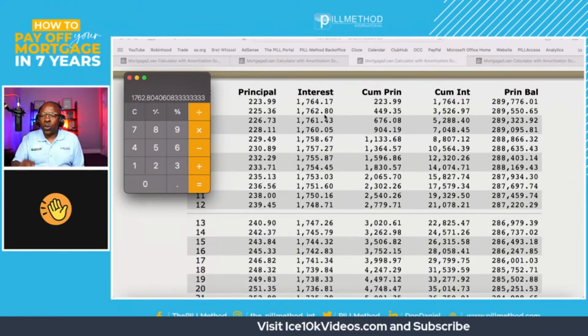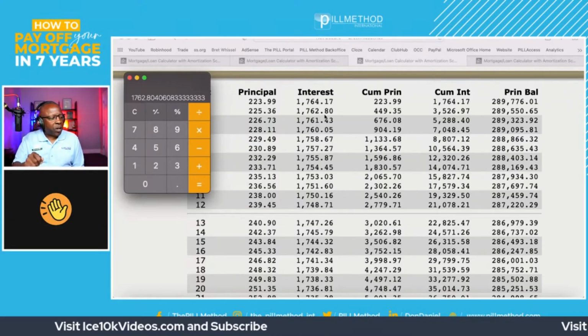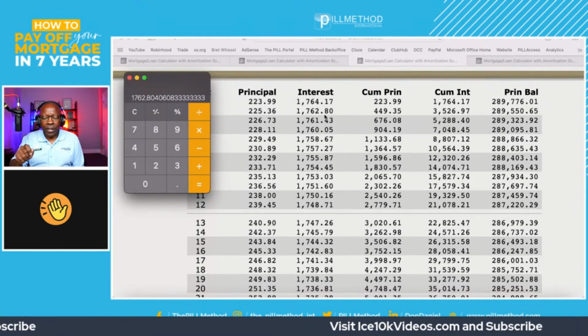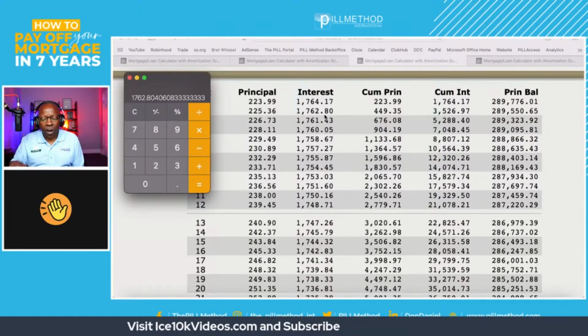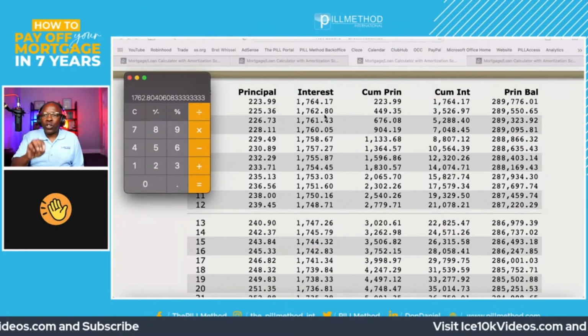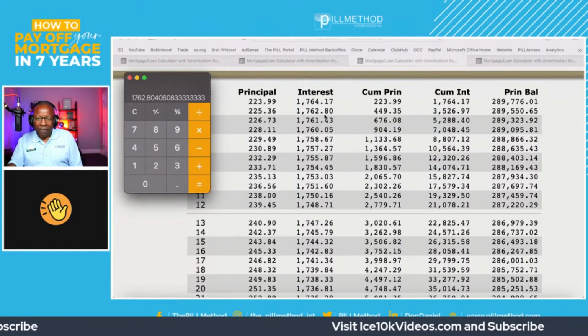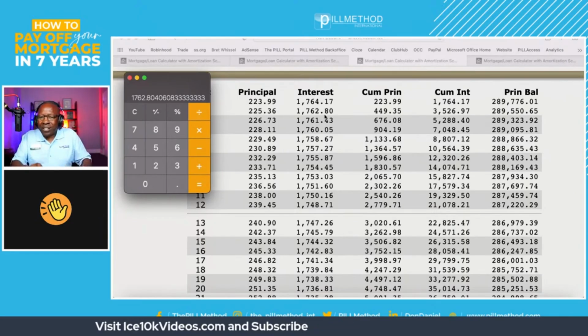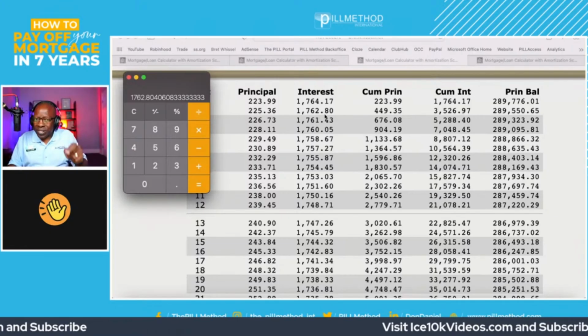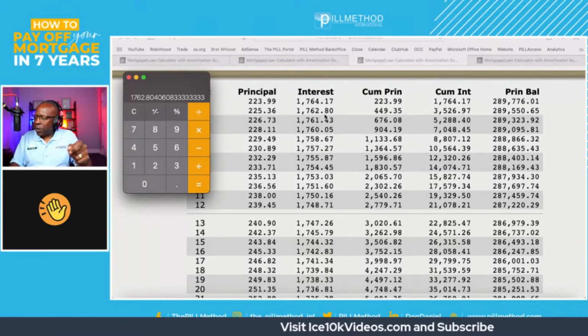That's why it is so doggone expensive, because the next month, instead of charging you $1,762.80, they're going to charge you $1,761.43, almost as much, because they're doing it in this way. That's what makes it so expensive. But guess what? The same thing that makes it so expensive, if you know what to do, you can save at the same rate they're charging you.